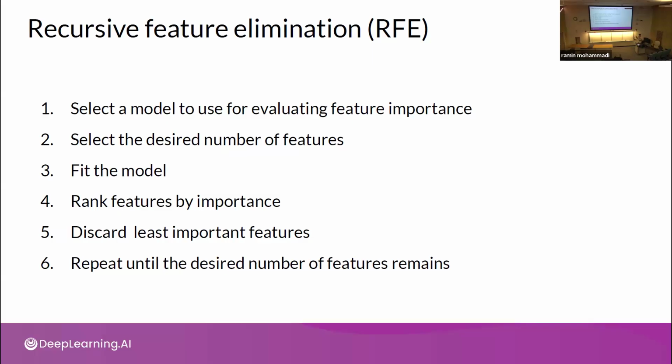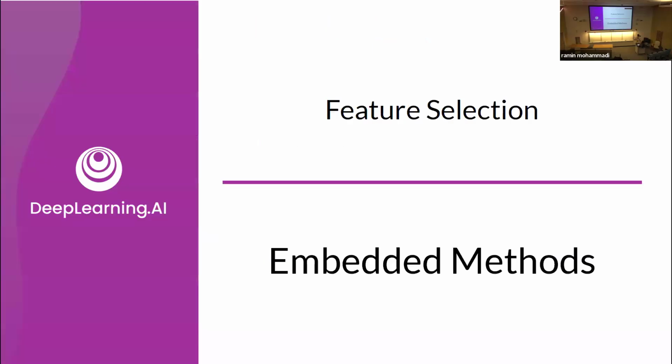Not all models can give you that. Tree-based models can, like random forest. But with a neural network it's not that easy to get feature importance because they don't provide it. So you need a type of model that gives you the feature importance. You discard the least important features and repeat: develop again, look at the ranking, drop the one that's not important, and continue until you get to the point where you say, okay, I have this final subset of features. So those are wrapper methods.